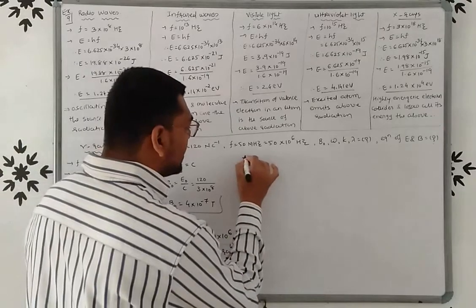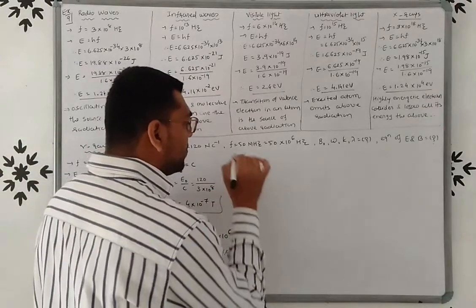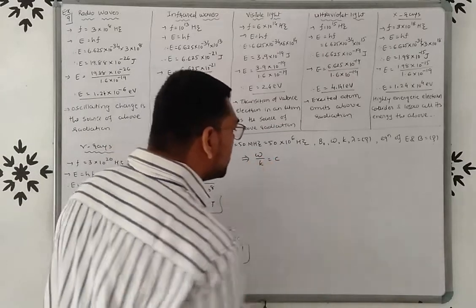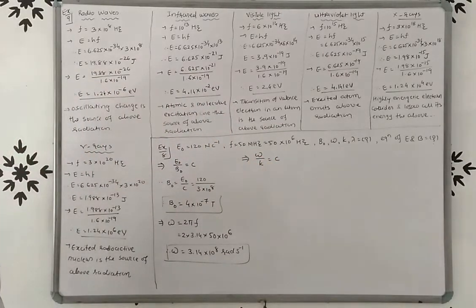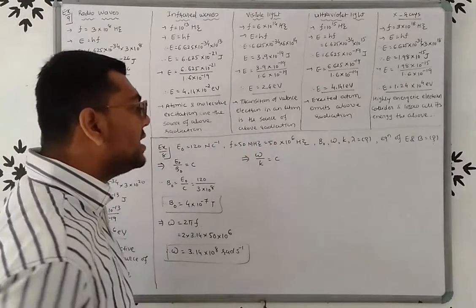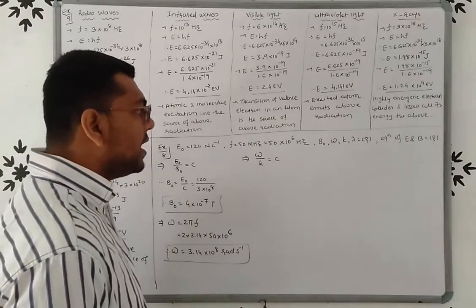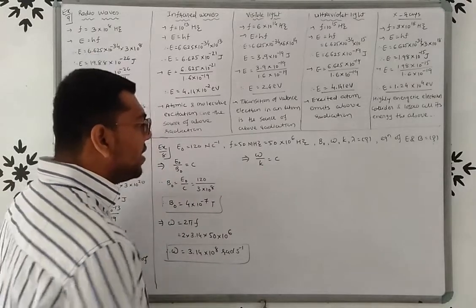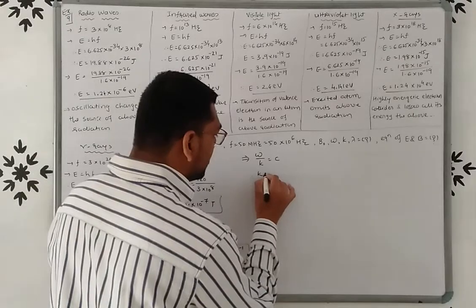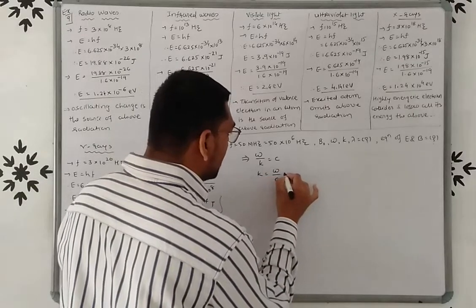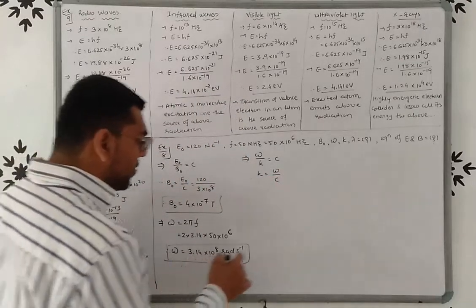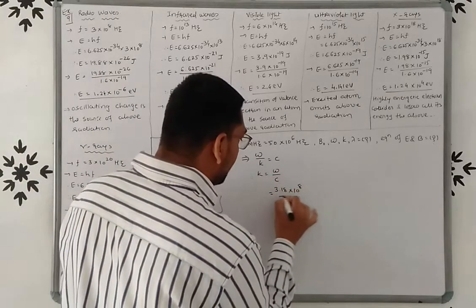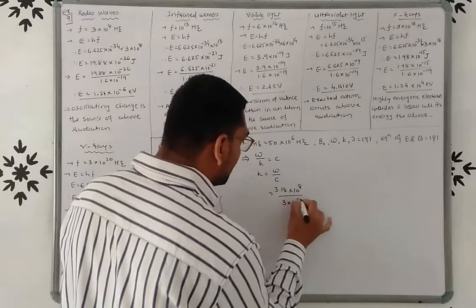In the characteristics of EM waves, we already discussed that omega by K equals C. So here we know the value of omega, we have to find K. So K equals omega by C. The value of omega is 3.14 into 10 raised to 8, divided by C, that is 3 into 10 raised to 8.